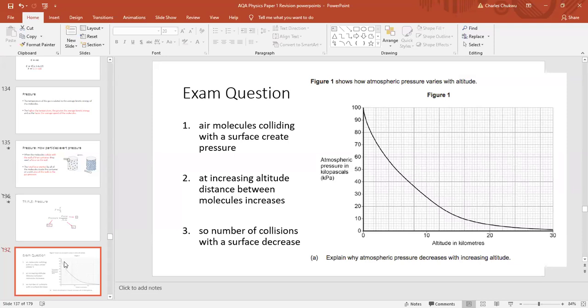Because the distance between the molecules increases, the number of collisions with a surface will also decrease, and that will lead to a decrease in atmospheric pressure. Did you get that?